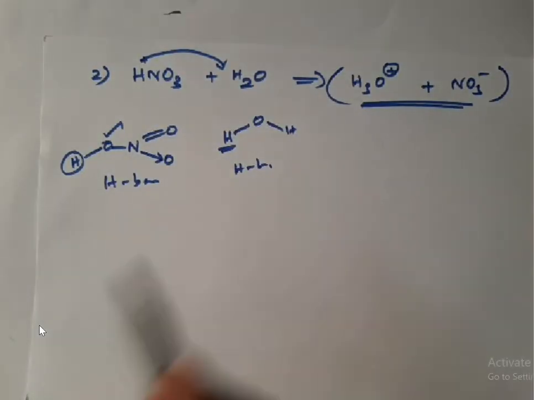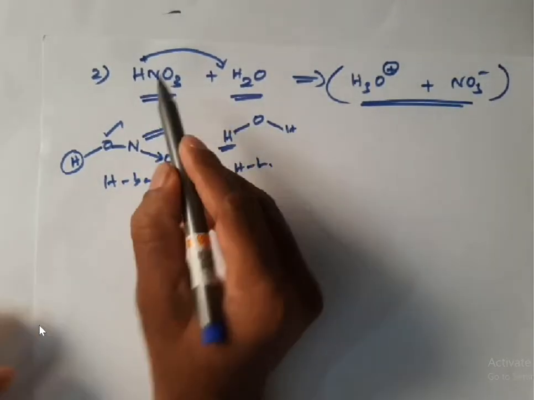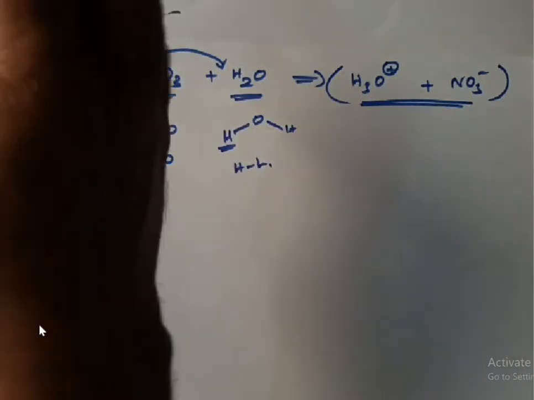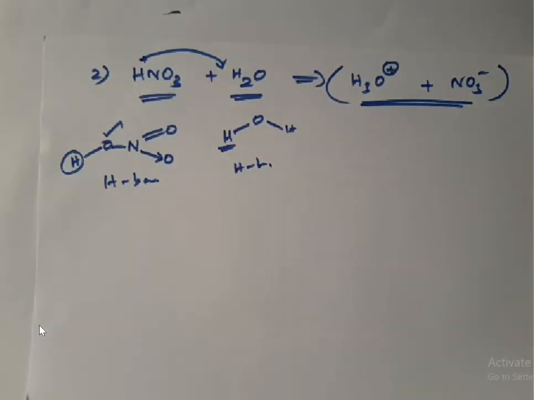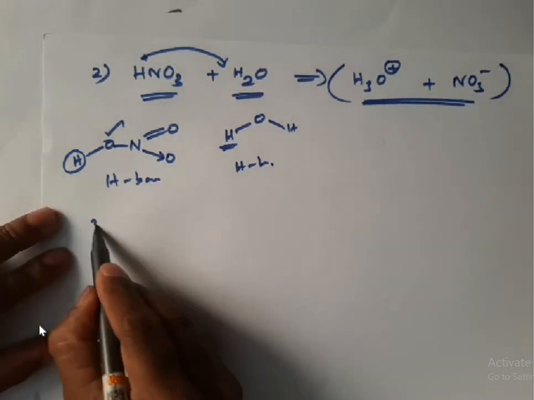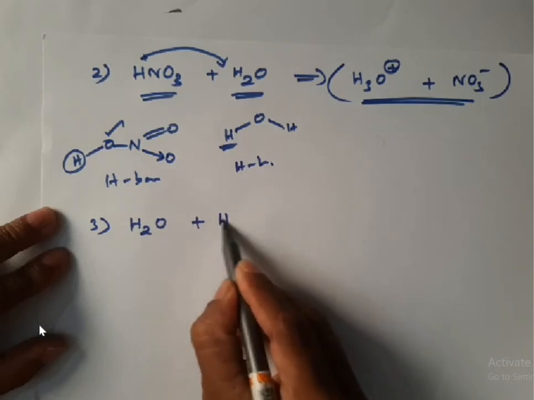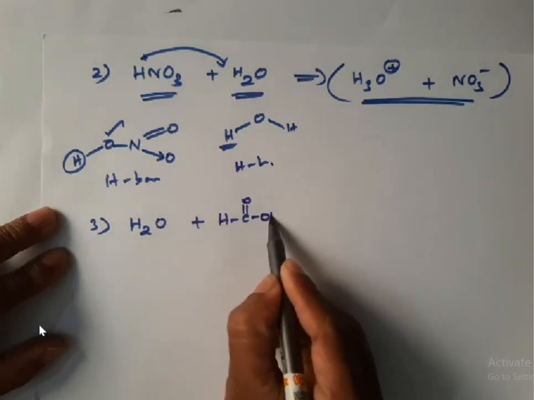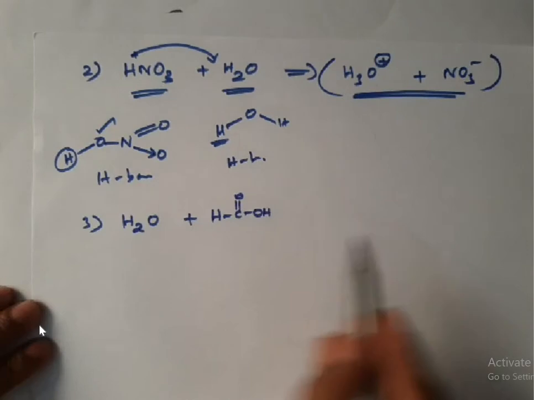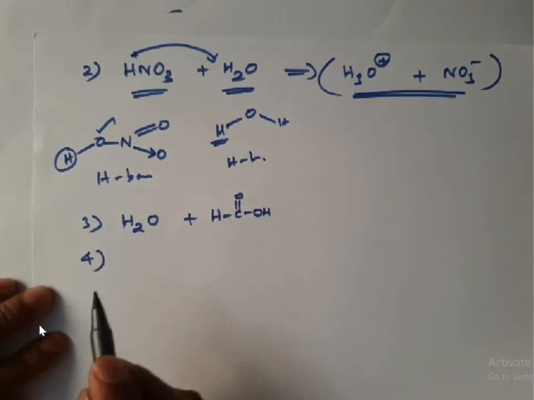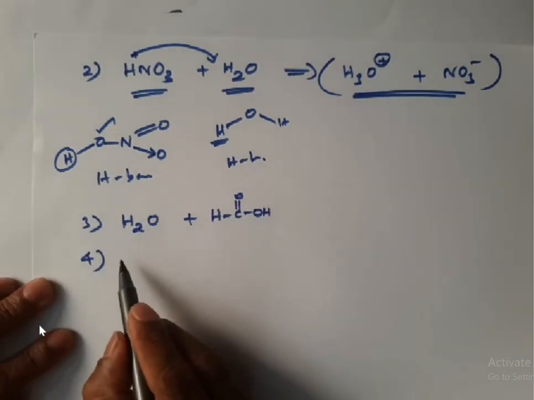Keep this in mind. Generally, if a water and acid mixture is given, they usually form negative deviation. Similarly, I'll give another example. Number 3, water plus formic acid. Yes, this will give negative deviation.